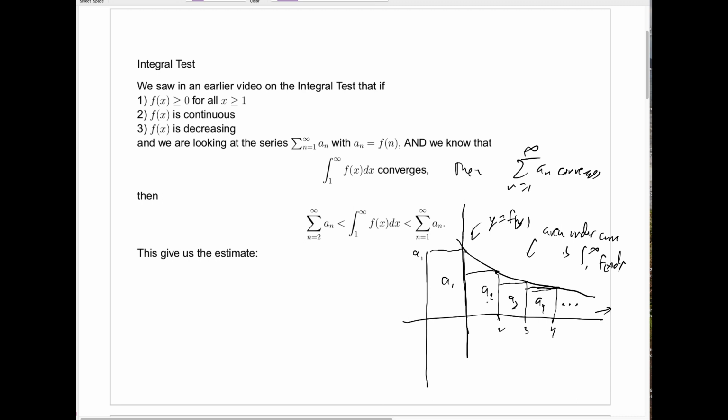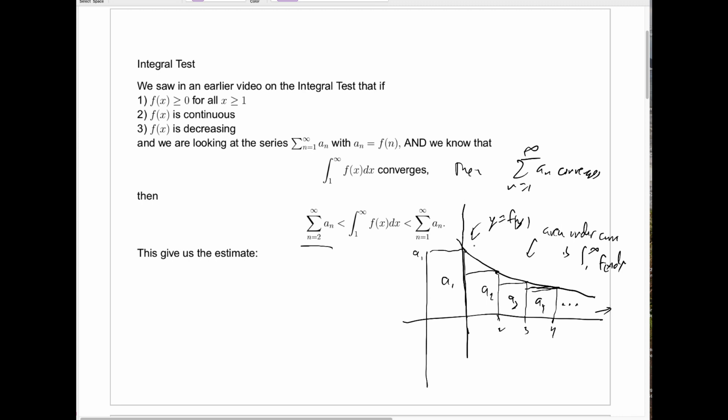The sum of a sub 2 plus a sub 3 plus a sub 4, etc., that's this sum on the left, is clearly less than the value of that integral because the area of all of these rectangles geometrically fit inside of this region underneath the curve. So the sum of the areas of those rectangles, in other words, the sum of a sub n from 2 to infinity, will be less than the integral.